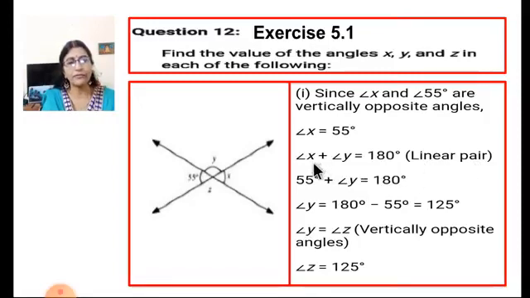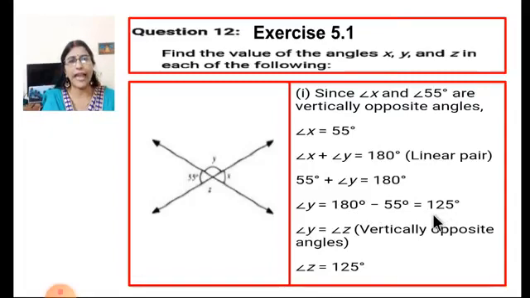And now we know the value of angle X. Angle X is 55 degree. So here we'll substitute the value of angle X: 55 degree plus angle Y is equal to 180 degree. Then next step will be angle Y is equal to 180 degree, and this we will bring to this side, so it will become minus 55 degree. So 180 degree minus 55 degree is 125 degree.